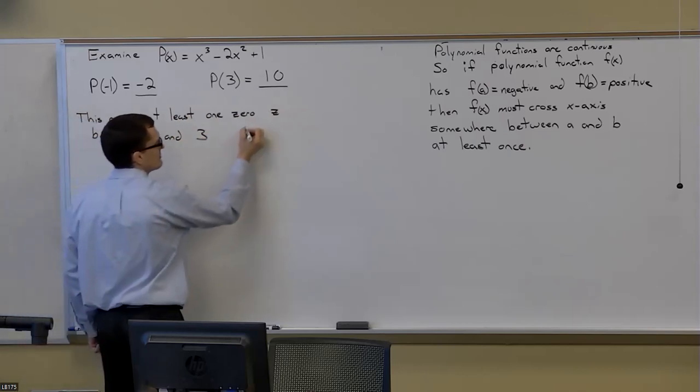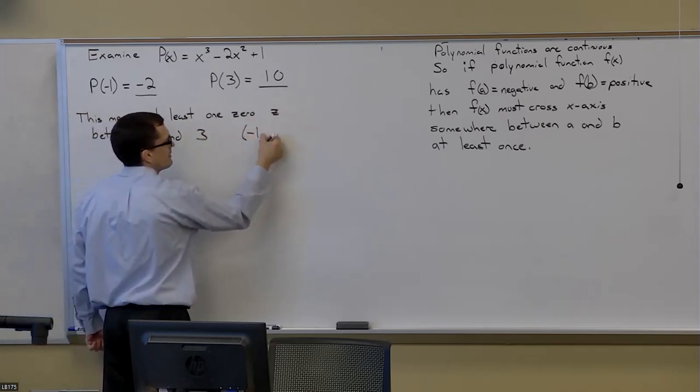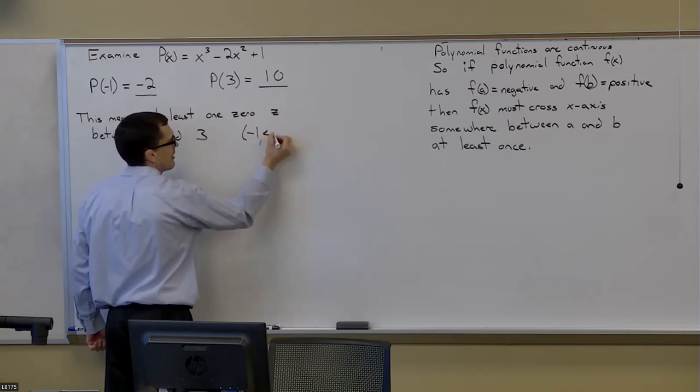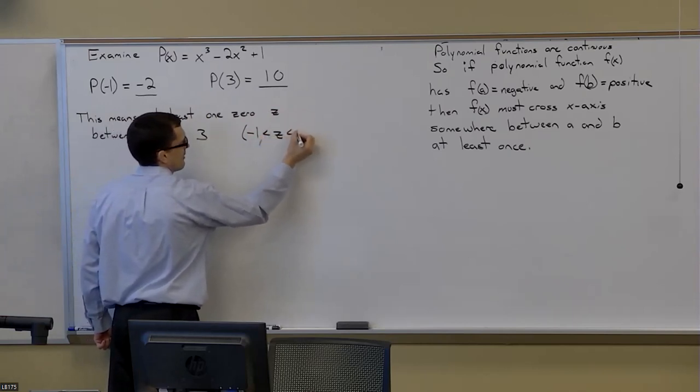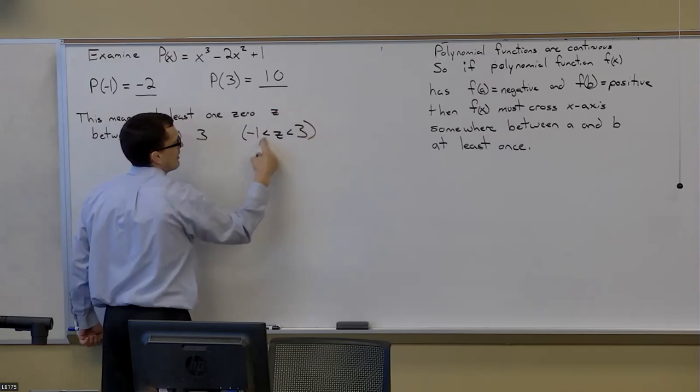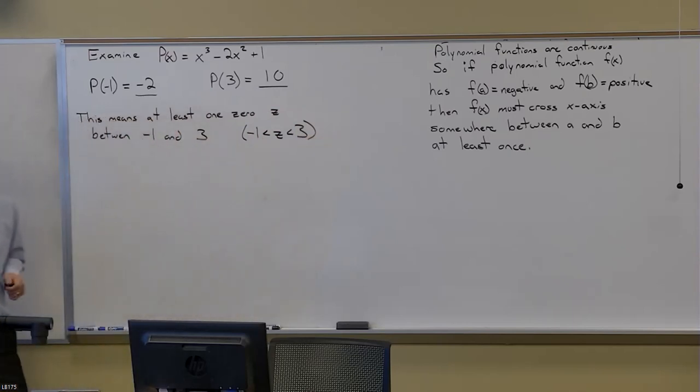In other words, there's going to be some zero in that region. At least 1. There could be 2, or it could be 3.